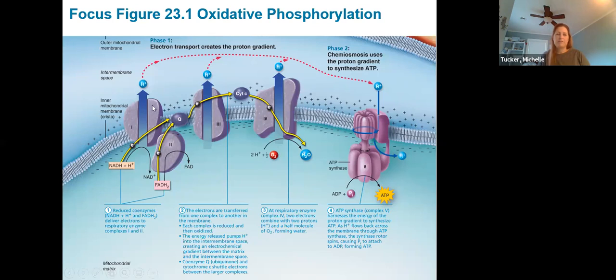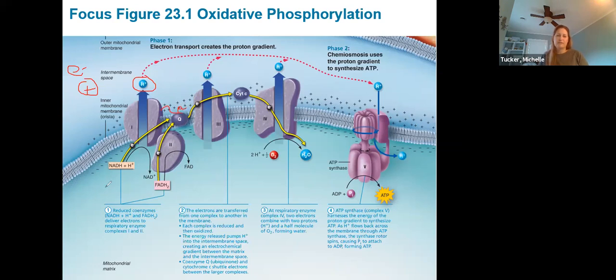But mitochondrial complexes 1 and 2 are going to accept hydrogen atoms from NADH plus H. So the hydrogen atoms, if you remember, have a proton and an electron. The complexes harness these electrons, harness these hydrogen ions, and then it is going to get split off to a carrier molecule.